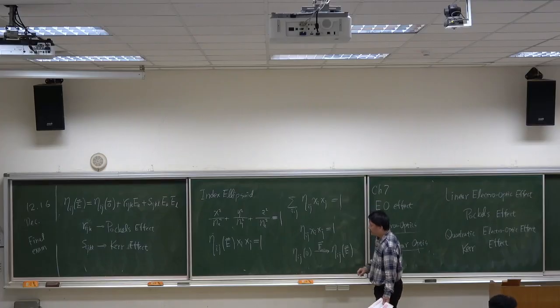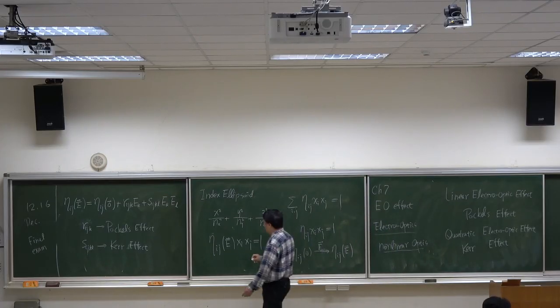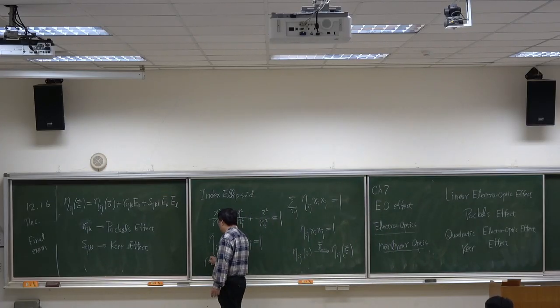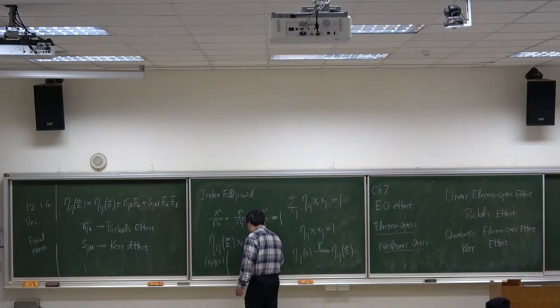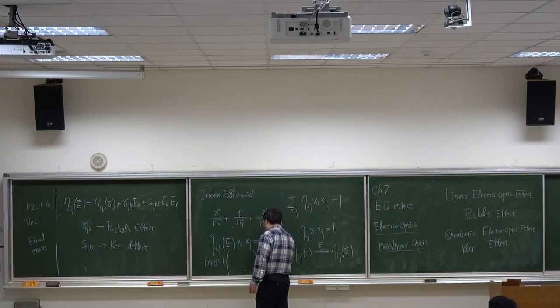Okay. Which means that we can write this as x, y, z times this matrix times x, y, z equals 1.